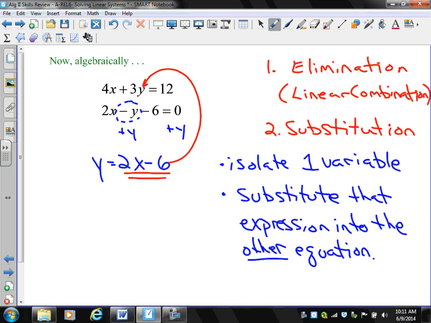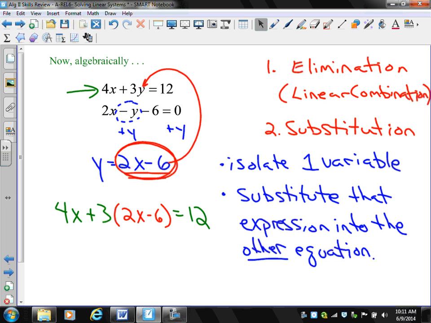I'm rewriting this line right here, the 4x plus 3y equals 12. So I have 4x plus 3. Now in place of y, I'm putting this whole other expression, 2x minus 6. And then equals 12. You see how I just rewrote this first line up here? This line right here that I'm moving my arrow at. I just rewrote that line, and now I have just x's.